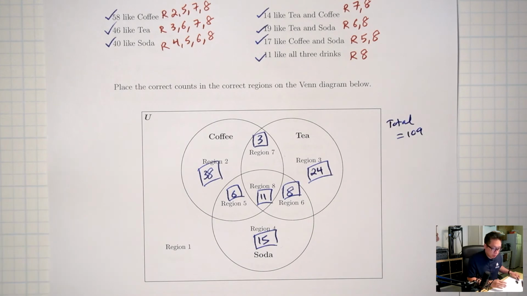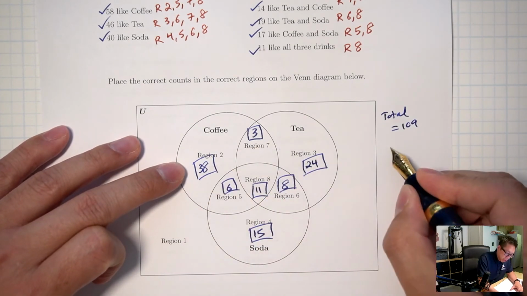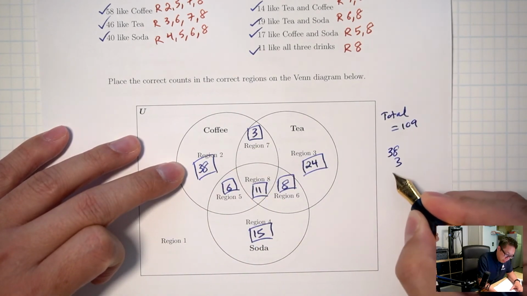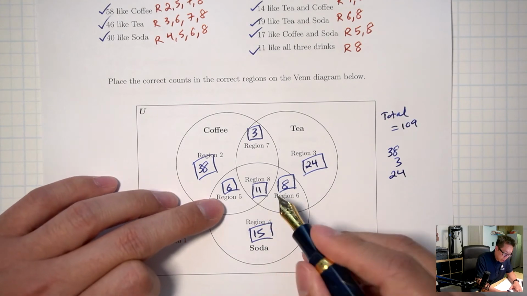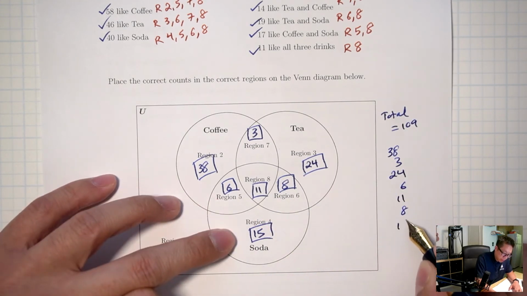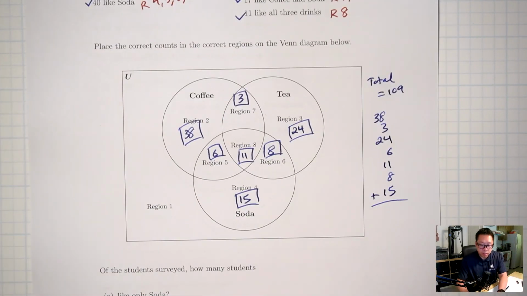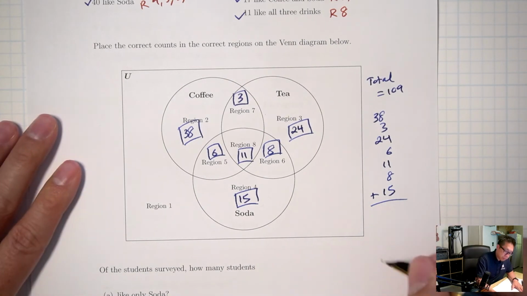And same idea, I'm going to add up all the numbers I have so far. Let me actually write this out. So 38, 3, 24. 6, 11, 8. And 15. Okay, let me add all those things up. 38 plus 3 plus 24 plus 6 plus 11 plus 8 plus 15. 105.